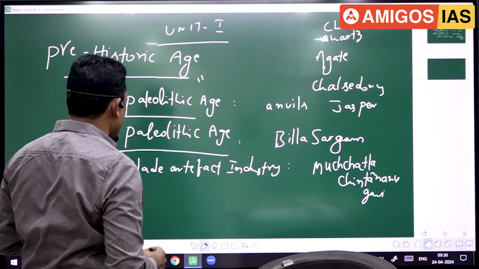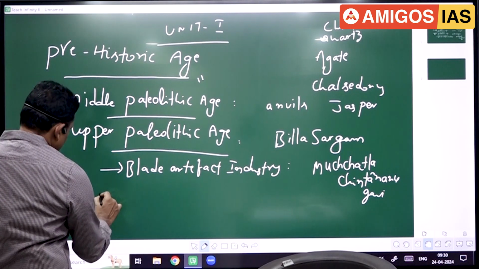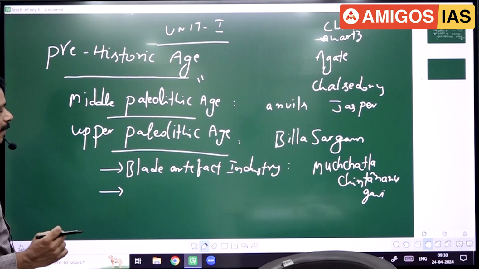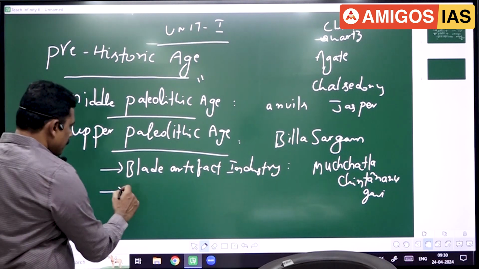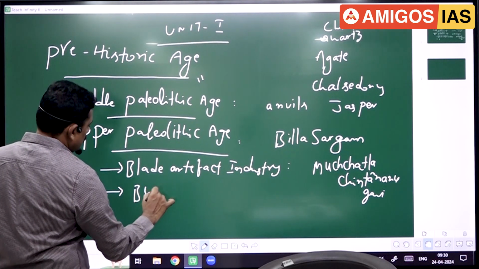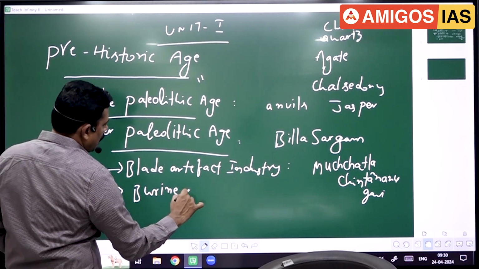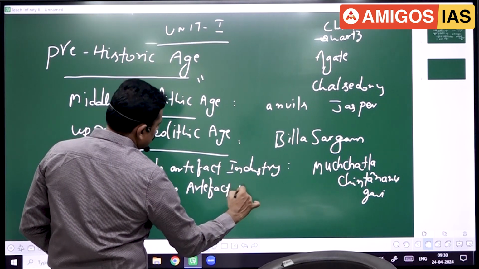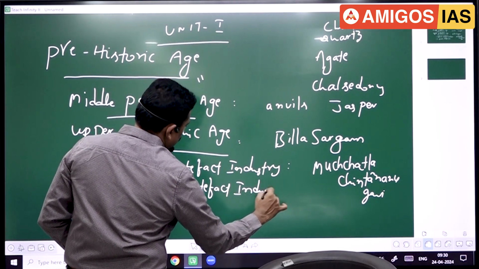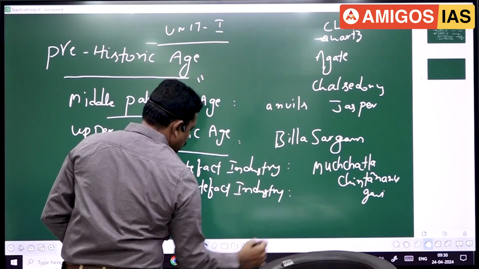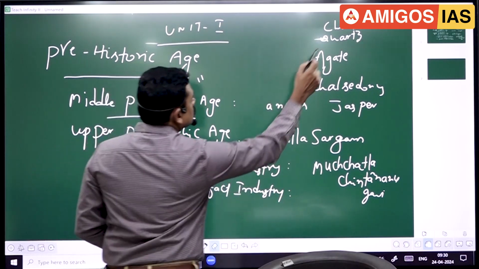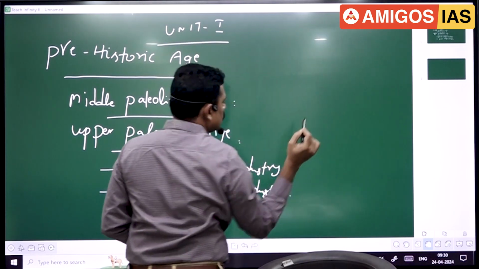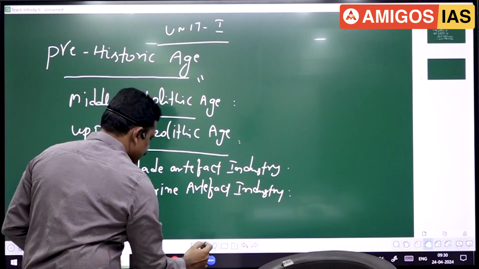Next, after the blade artifact industry, another kind of industry that was developed by Upper Paleolithic man, the Burin artifact industry.